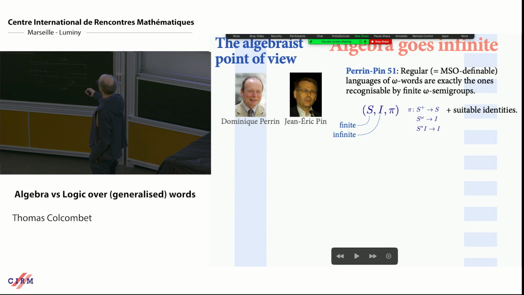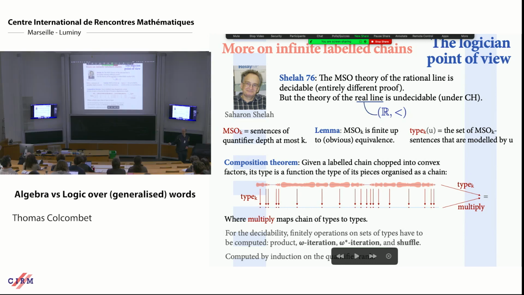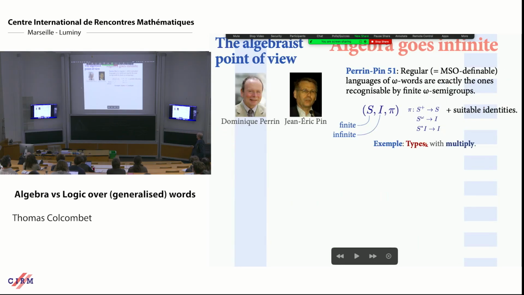In fact, if you come back here, this picture is exactly like that. This is the product of the elements which are the types on each position. The associativity rules essentially say, if you had chopped it into different pieces, you should still get the same result. Typically, if you look at the types up to quantifier rank k and the multiply operation, this is something of this form that goes even beyond length omega.